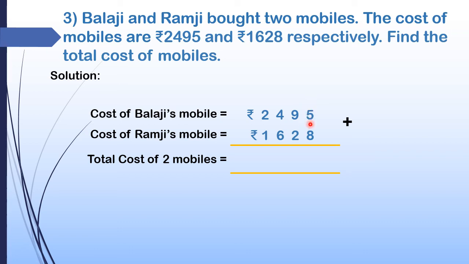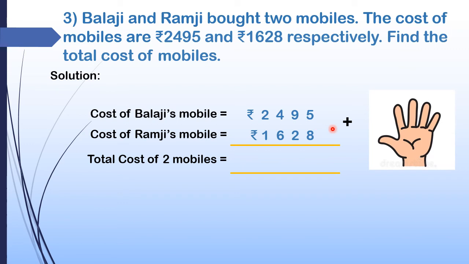Here we have to start with 5 plus 8. The first step, we have to add 5 plus 8. Whenever you add two numbers, you can keep the larger number in your mind, smaller number in your hand. So keep 8 in your mind, 5 in your fingers. After 8: 9, 10, 11, 12, 13.